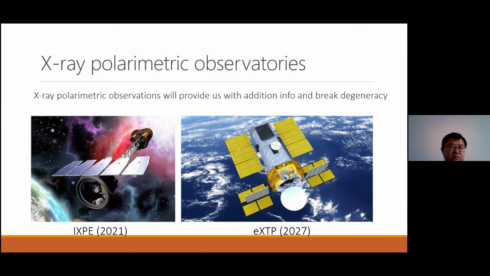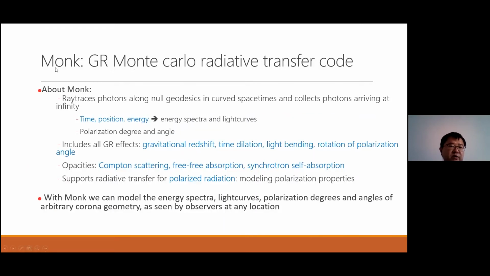To model the polarization of accreting black holes, we developed this Monk software. It's a general relativistic Monte Carlo radiative transfer code. It's basically tracing the photons along null geodesics in curved spacetime and collecting photons arriving at infinity. So at infinity, we can reconstruct the energy spectra, the light curve, and polarization.